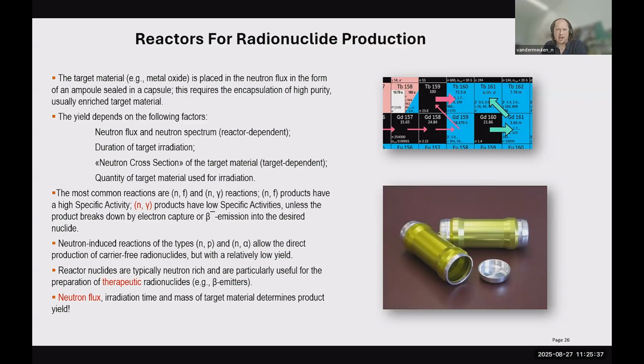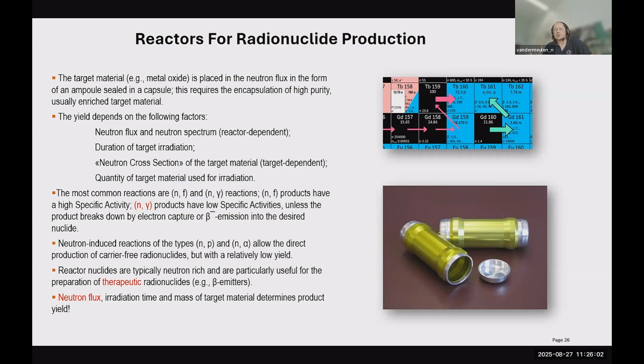So it's considerably higher, what they call neutron cross-section. And so that depends from target material to target material. So for the likes of gadolinium-160, because its neutron cross-section is quite low, you need a high neutron spectrum or a reactor with a high neutron flux to be able to produce decent quantities thereof.